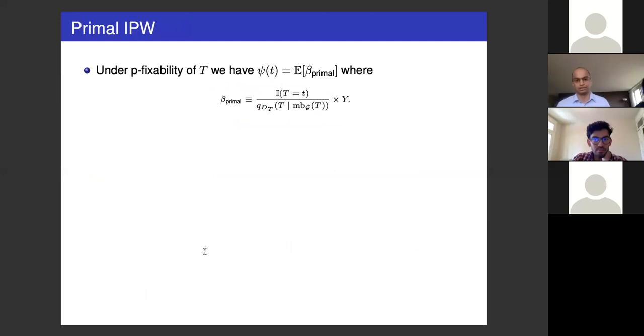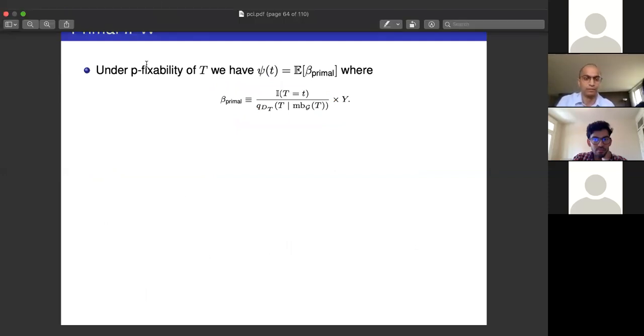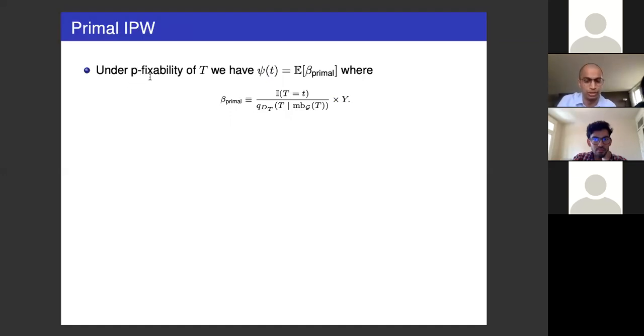Clearly this sort of hints towards some sort of IPW estimator. In particular, under p-fixability of the treatment, the target can be estimated using an expectation of what we call beta primal, where beta primal looks exactly like IPW, except you're using this nested propensity score, right?